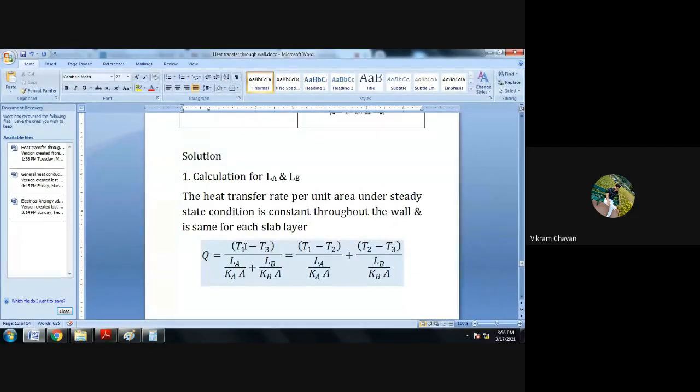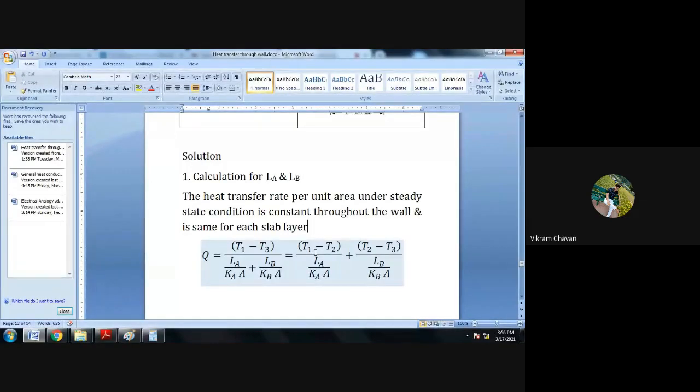Okay, so T1 minus T3 divided by L suffix A divided by K suffix A multiplied by area plus L suffix B divided by K suffix B multiplied by area, which is equal to the heat transfer through slab A. And what is the heat transfer through slab A?